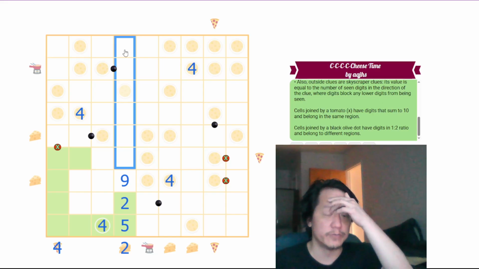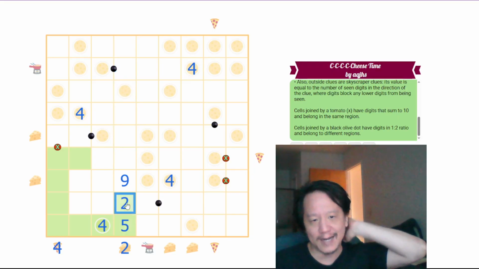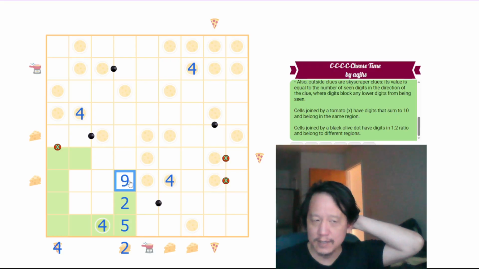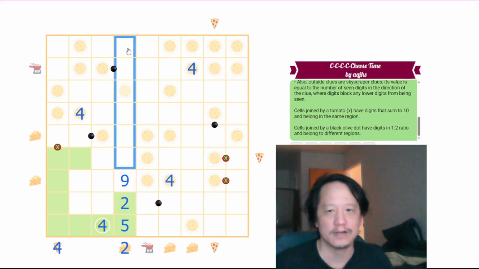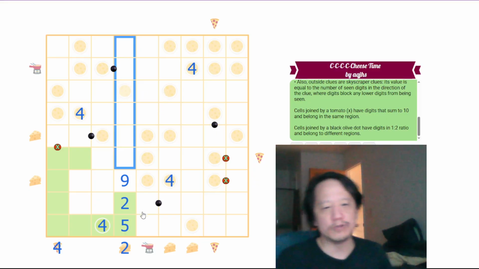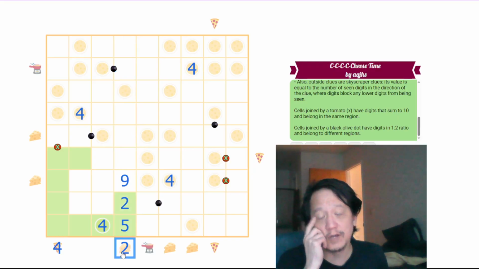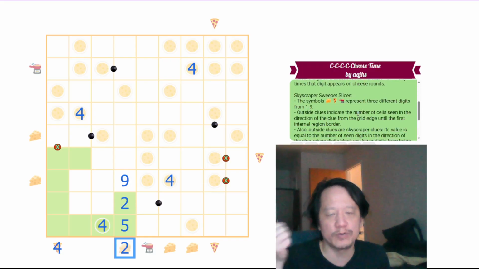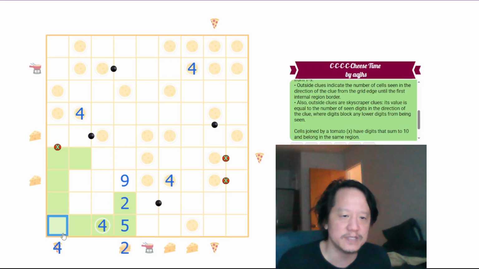It doesn't matter what these are because that's extraneous. Because it would see the 5, it would not see the 2 because that's smaller than the 5 in front of it, and it would see the 9. And it could not see any other digit behind it because those digits are less than 9, guaranteed. So it would only see 2 cells in this direction. That's why that would match the 2 outside of the grid. So outside clues are both skyscraper clues and the number of cells seen until the first internal region border.